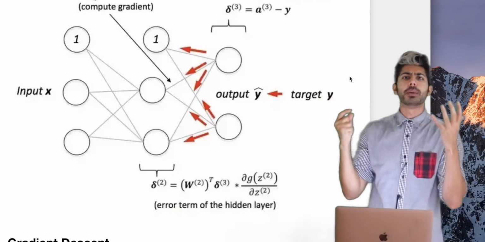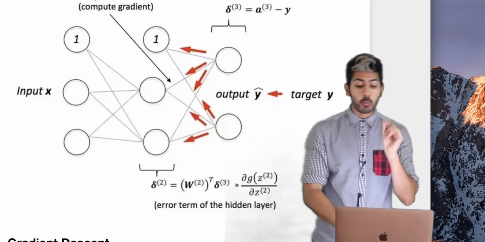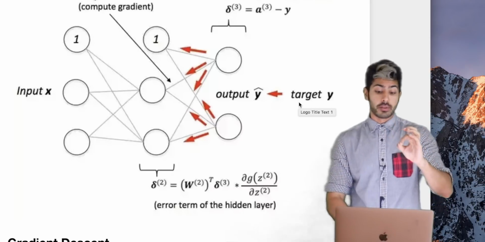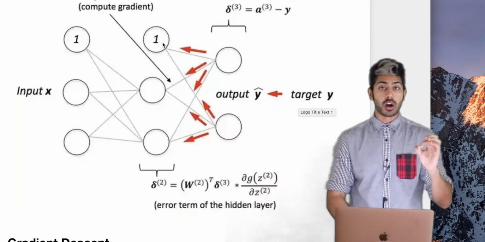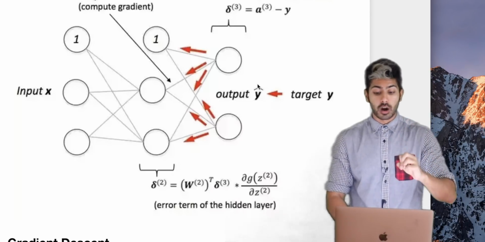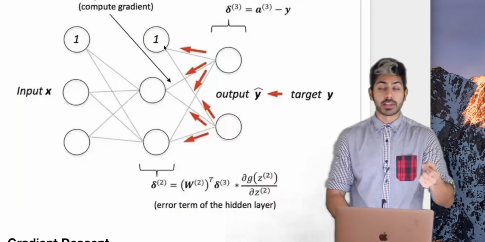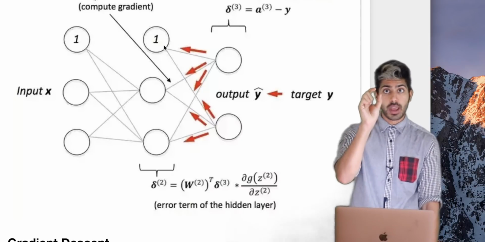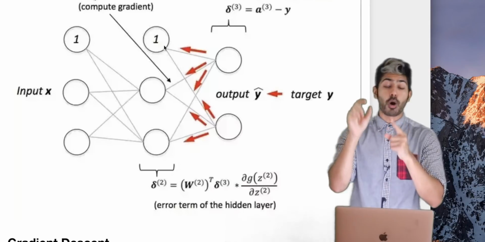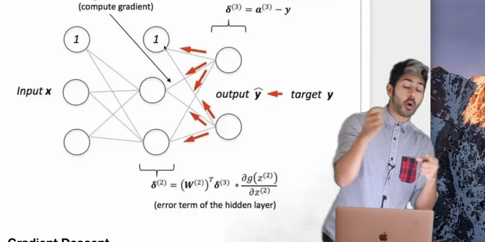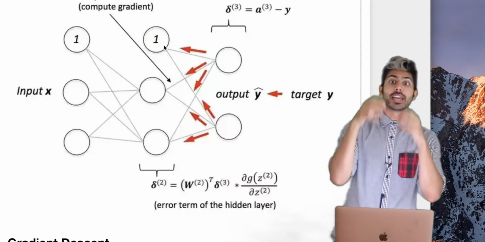And so how do we minimize that error? Well, once we compute the error, we can compute what's called the partial derivative with respect to each layer going backwards, right? So we compute the partial derivative of the error with respect to the weights for the previous layer, and that's going to give us a gradient value. Then we take that gradient and compute the partial derivative of that gradient with respect to the weights of the layer before that, and we get another gradient.